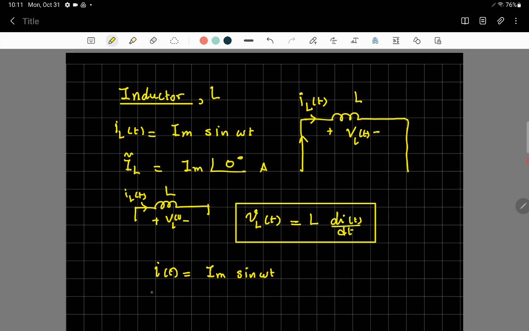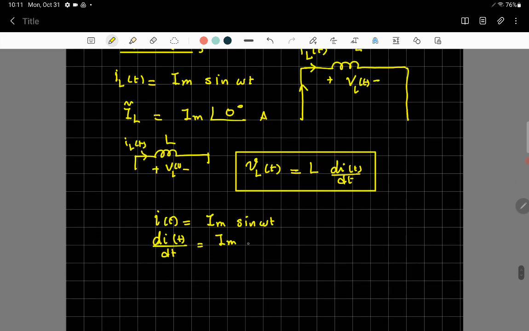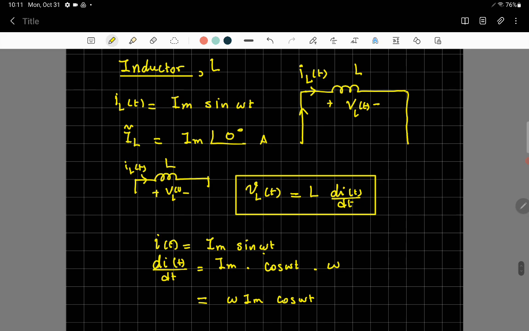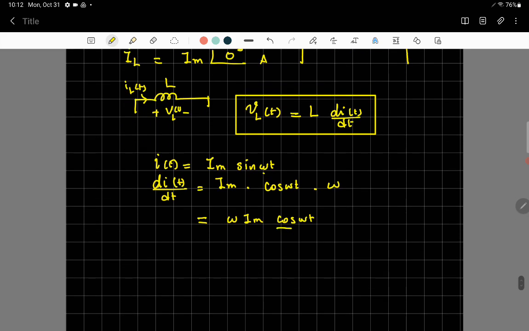So let's do that. Differentiation of the current with respect to time. Im is constant, and differentiation of sine omega t is cosine omega t times the differentiation of omega t, which is equal to omega. Rearranging this equation, you will have omega Im cosine omega t. That's di by dt. Observe that we use sine omega t to represent the phasor. However, here we have cosine omega t.